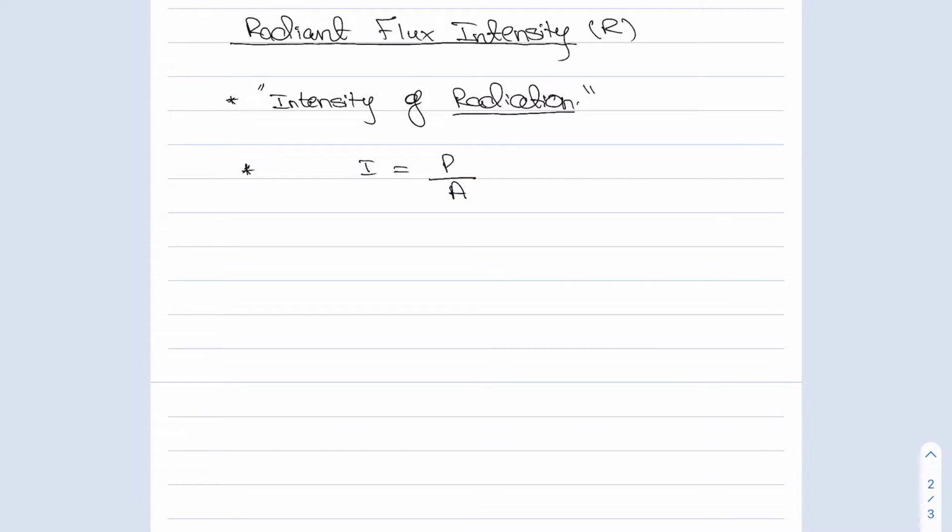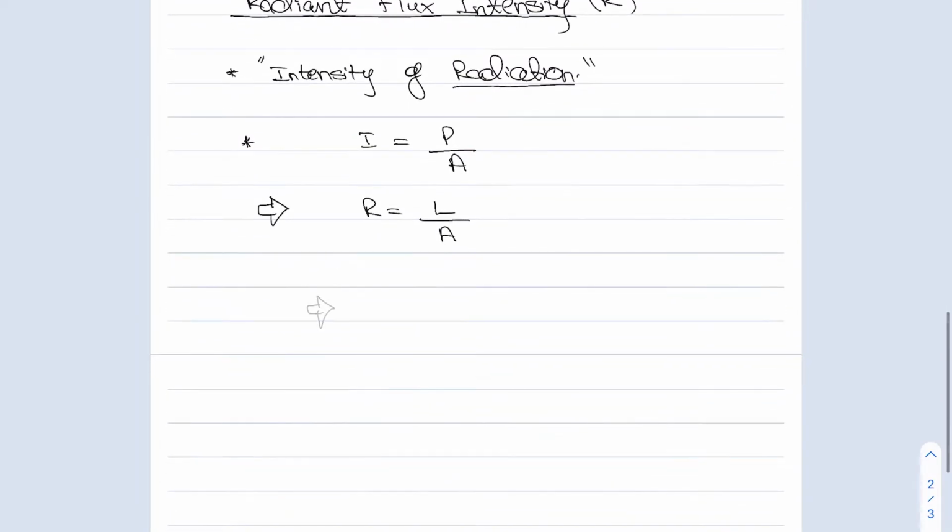Now we know that intensity can be written as radiant flux intensity. Power can be written as luminosity. Hence, we can replace these symbols with R equals L upon A, right? R being the radiant flux intensity, L being the luminosity, and A being the area. Now, what we'll do is we'll replace area with 4 pi d squared.